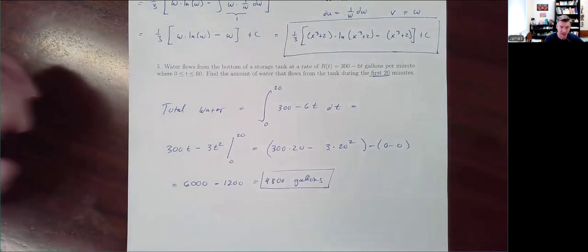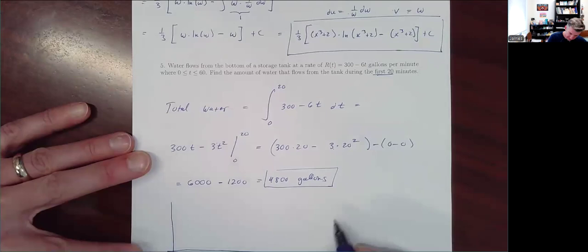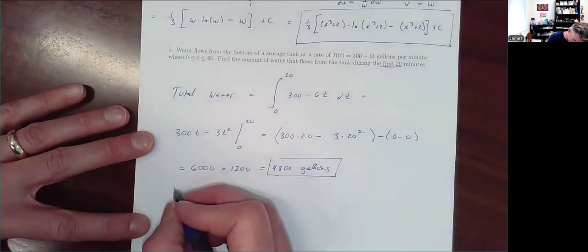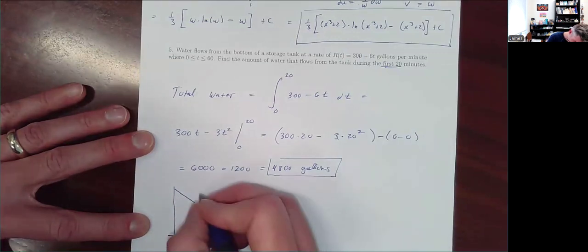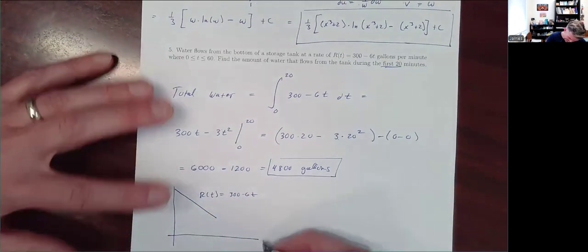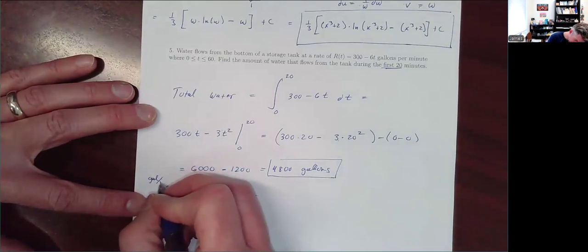And again, the idea here is that we could totally graph this. 300 minus 6t looks something like this. That's time, and that's gallons per minute.